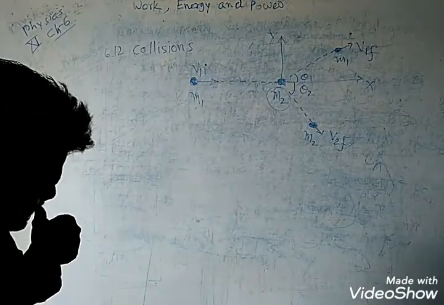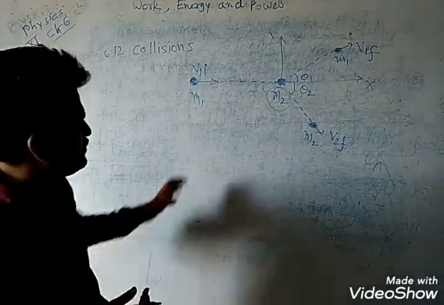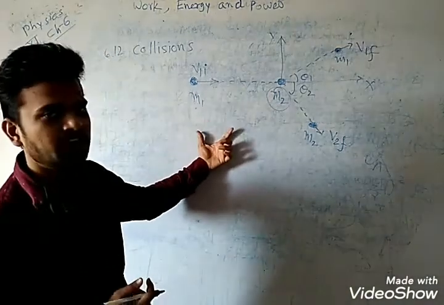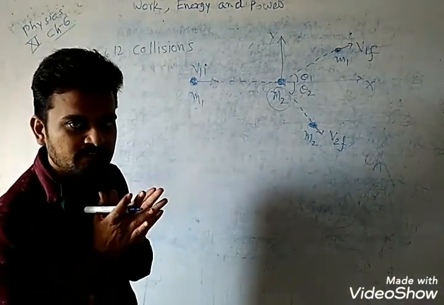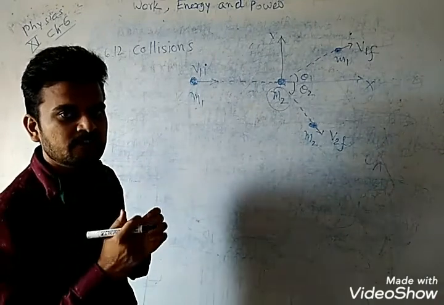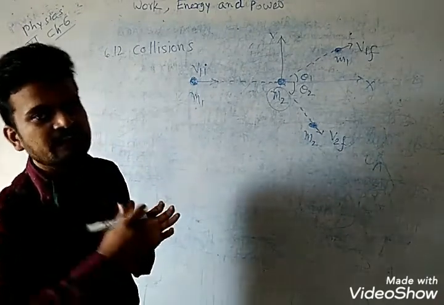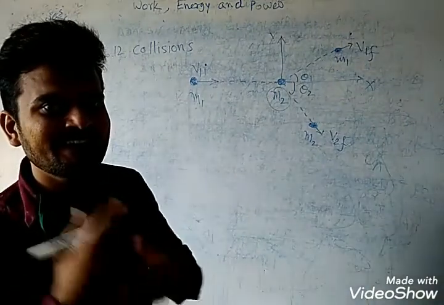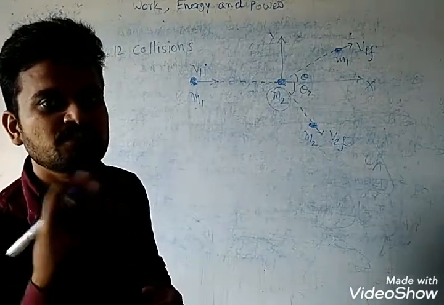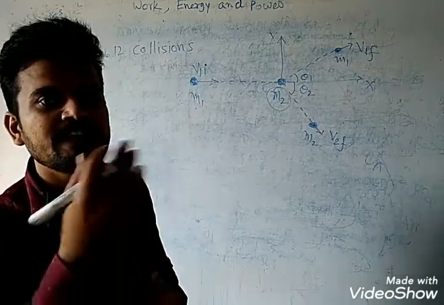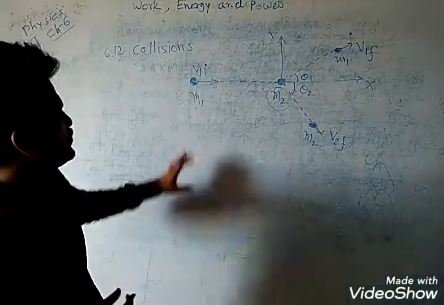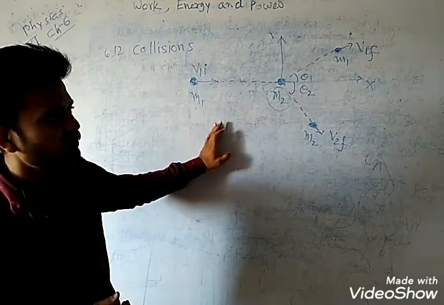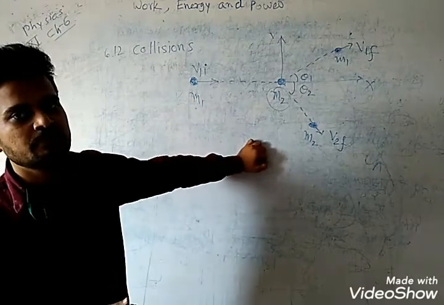In an elastic collision, suppose we take a spring, compress it by applying an external force, and then remove the force. The spring regains its original situation, so the total kinetic energy is the same.